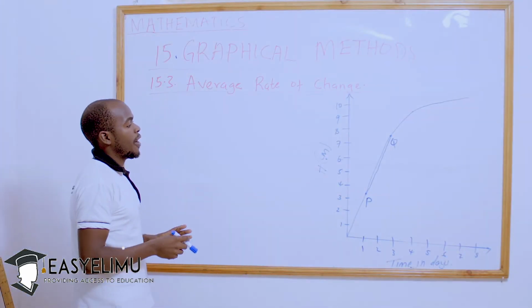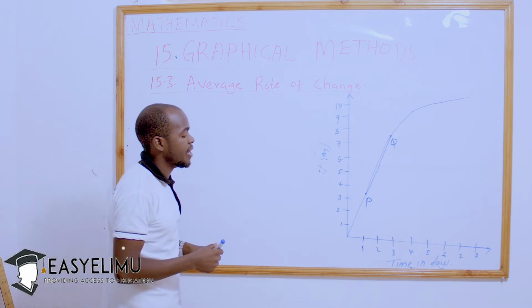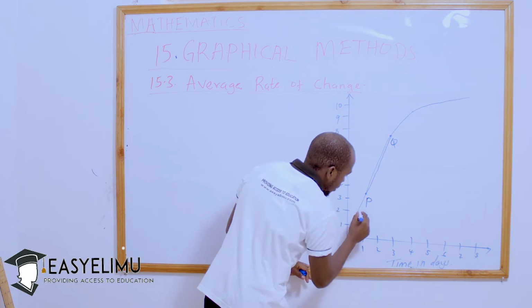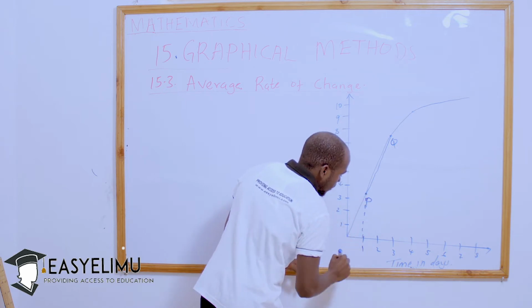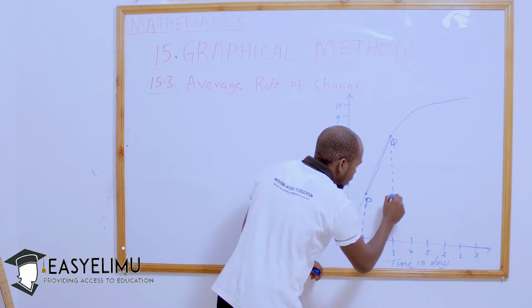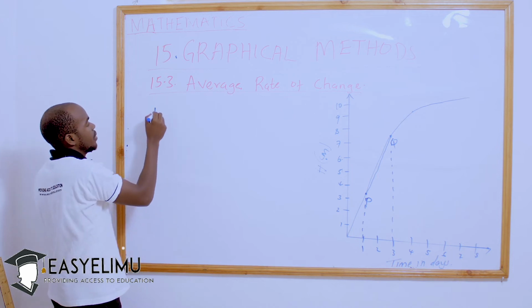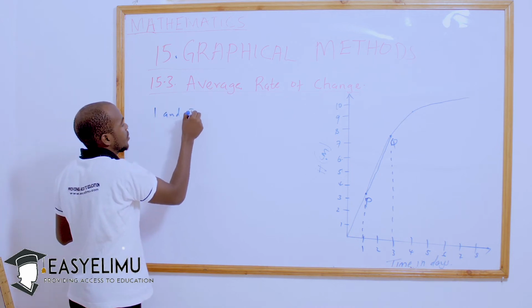Now if we want to find the rate of change for that seedling, let's say the 2 points are between 1 day and 3 days.